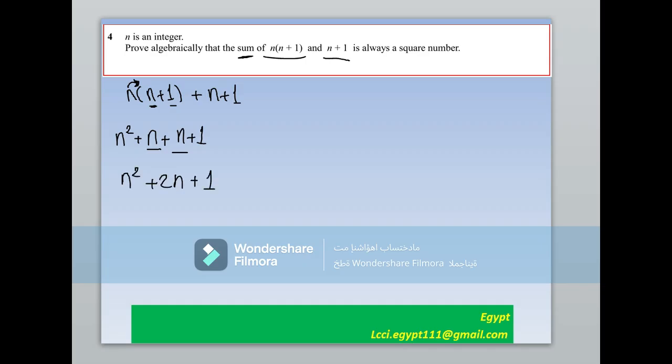This expression, my dear students, please think to factorize.